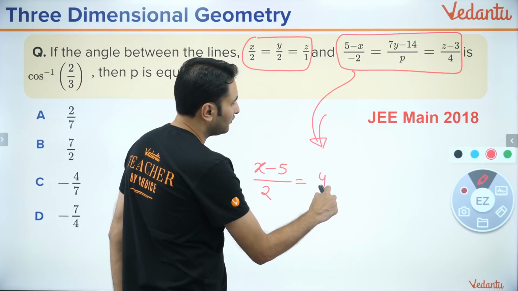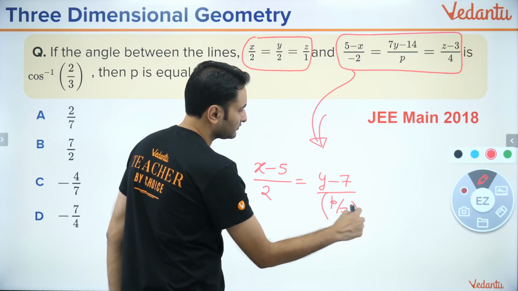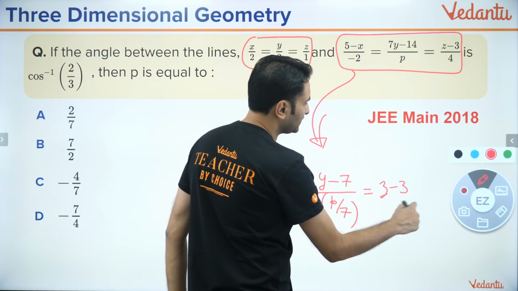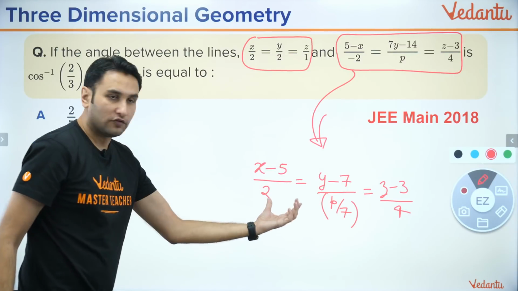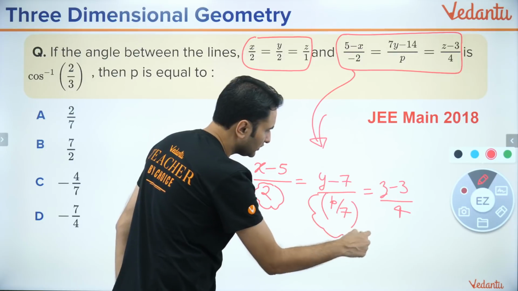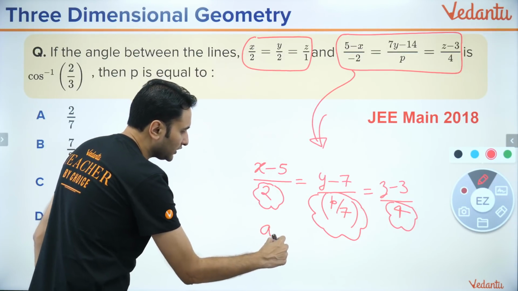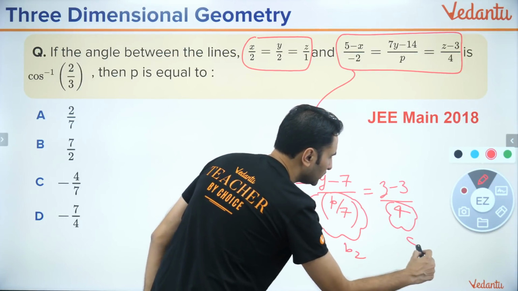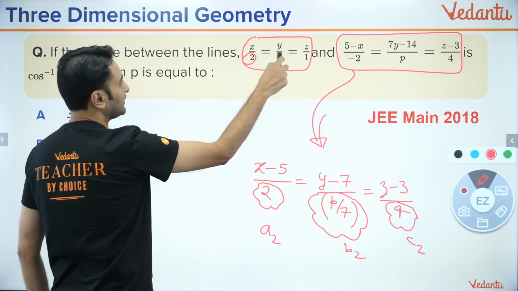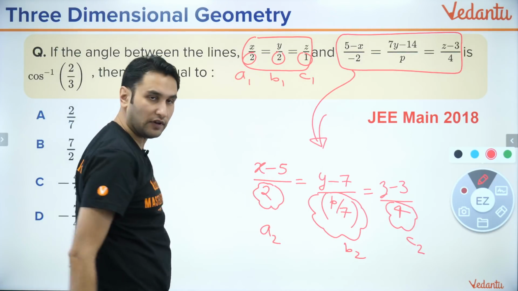So divide by 7 everything. कितना हो जाएगा? y minus 7 upon p by 7 is equal to z minus 3 by 4. Now, what is the direction? This represents the direction 2, p by 7, 4. This is like your a2, b2, c2, and यहाँ पे ये क्या बच्चों आपका? This is like your a1, b1, c1.